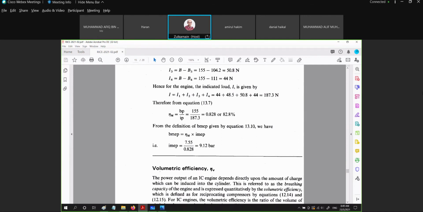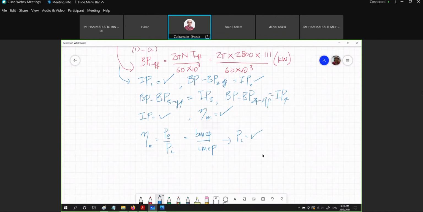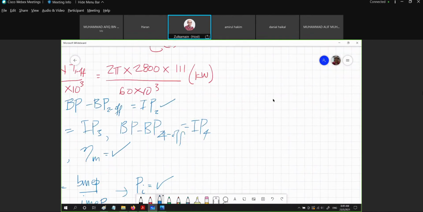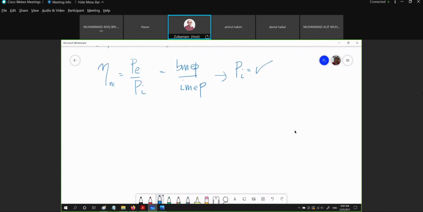Dalam kes ni kita boleh dapat ke kita punya volumetric efficiency? Cuba tengok kalau soalan ni boleh dapat tak kita punya volumetric efficiency? What is the definition of volumetric efficiency, guys?